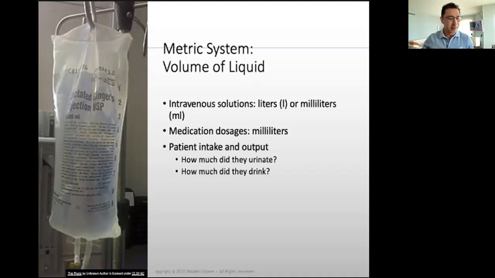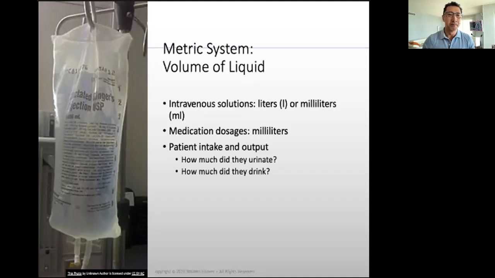How much did I drink? I drank this cup of coffee, 240 mL. As you can see, everything has a measurement, especially in critical care. We are measuring every single drop that goes in the patient and every single drop that comes out of the patient.